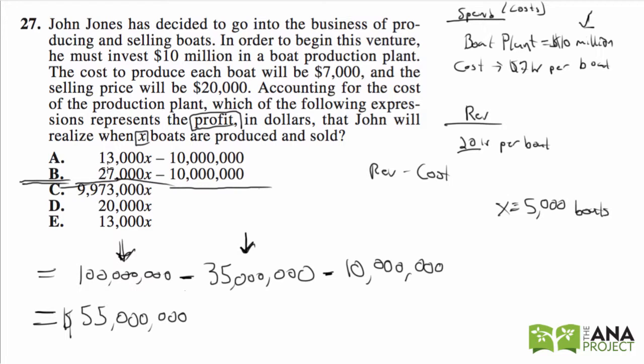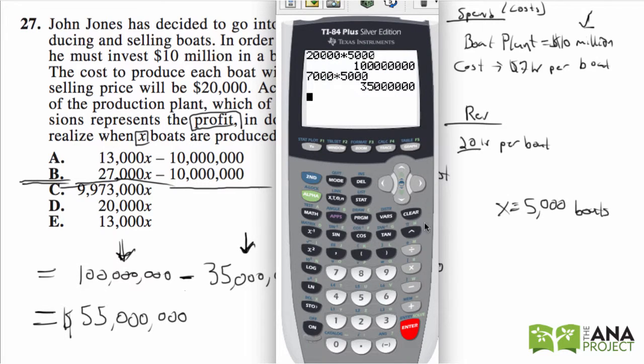So let's look at A first. That's 13,000 times X. So that's 13,000 times 5,000.